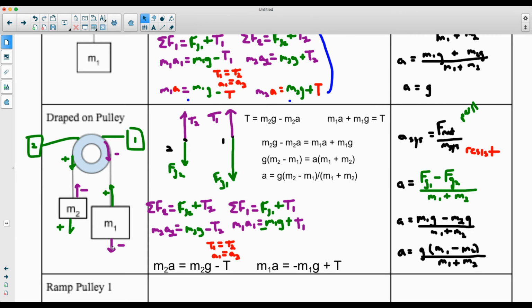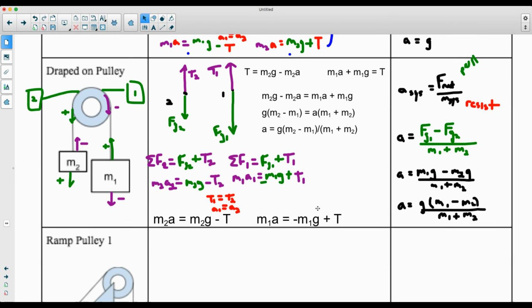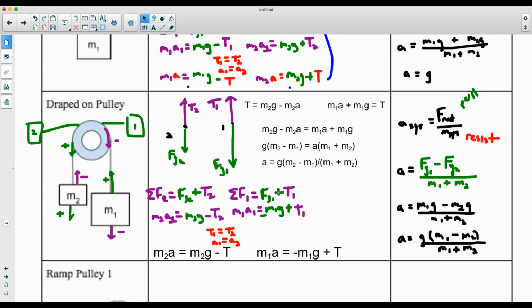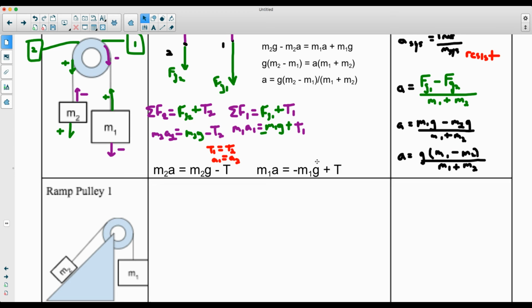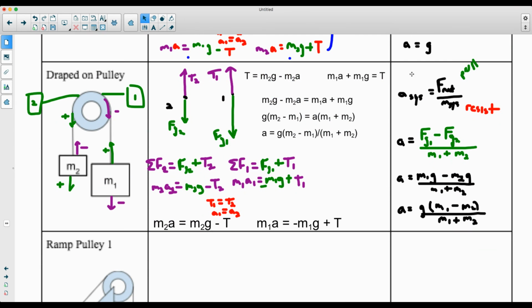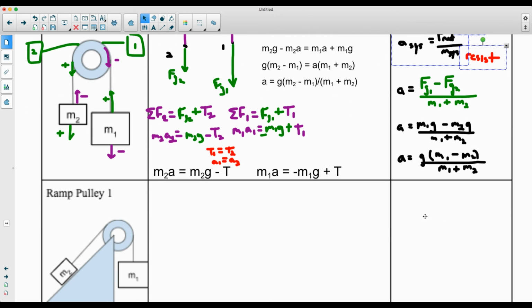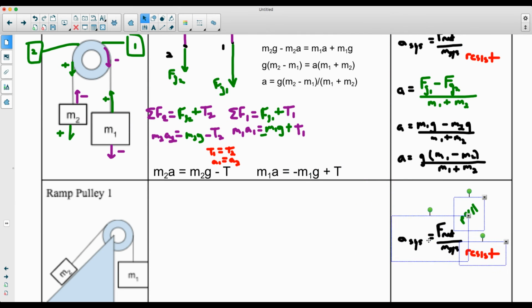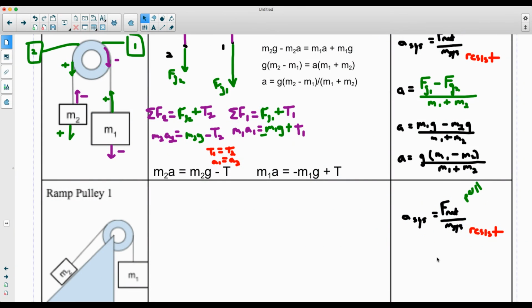So it's the same exact thing. Now, need we really go through the full simultaneous equation process? You can if you want, but I'm telling you, just think of it as the pull over the resistance. You're going to need your free body diagram, but once you have that, this is so clean and nice.